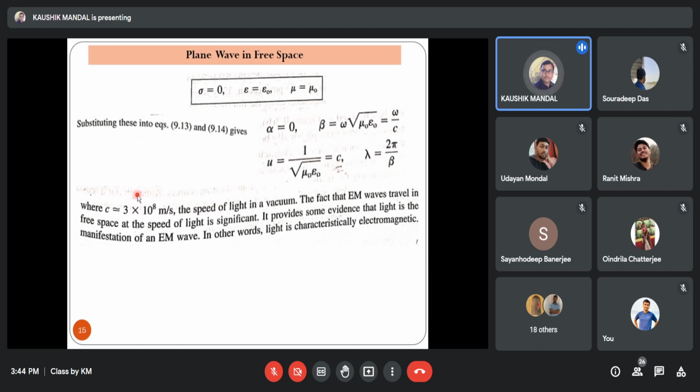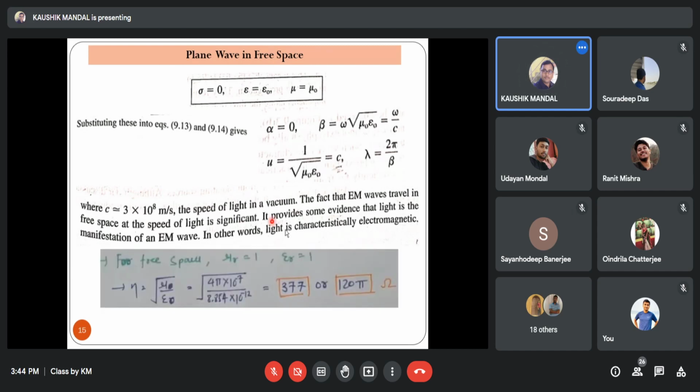So now, what will be the equations of electric field and magnetic field when the wave moves in free space? And before that, what will be the intrinsic impedance? We have already found that it is equal to root of mu naught by epsilon naught. Mu naught is 4 pi into 10 to the minus 7.